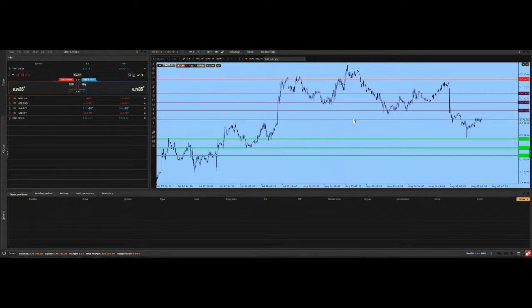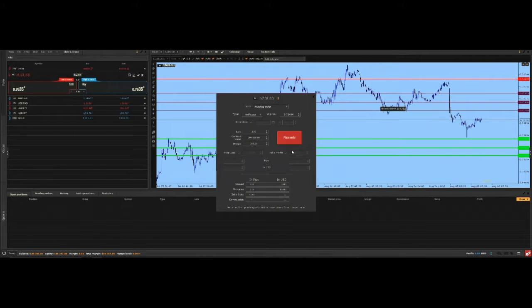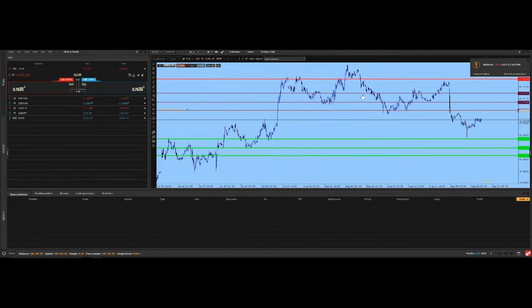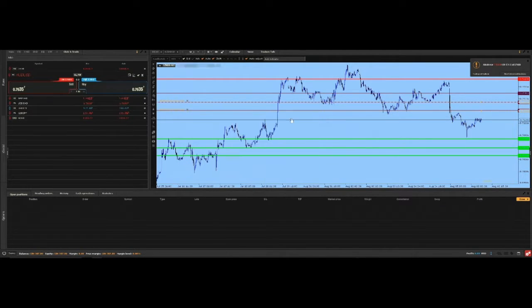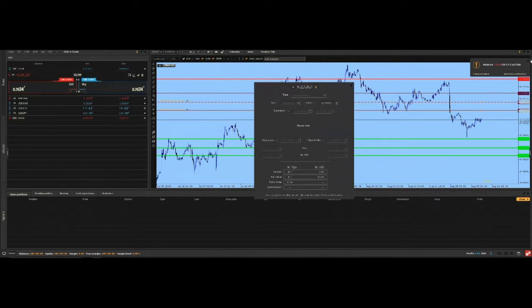Now, with our great platform, we can simply come in, right-click, set up a sell limit, place the order, right-click, set the sell limit, place the order, right-click, place the sell limit, place the order.